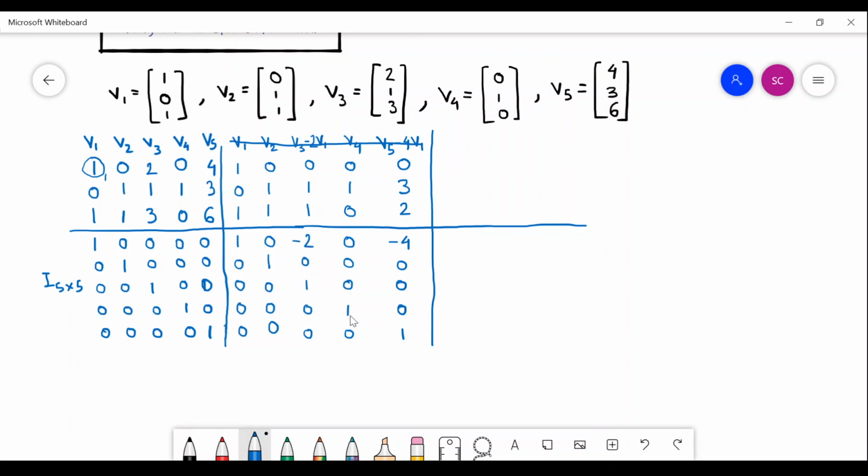Here no operation is done because v4 remains v4, here a minus 4 v1 has been done. So that is the significance of the lower identity matrix and changing it. As we change the top vectors, we also change the bottom vectors. So this is the reason for keeping this.